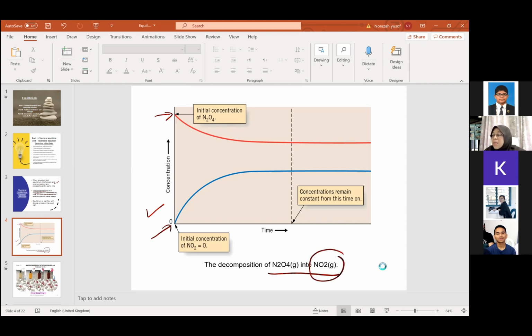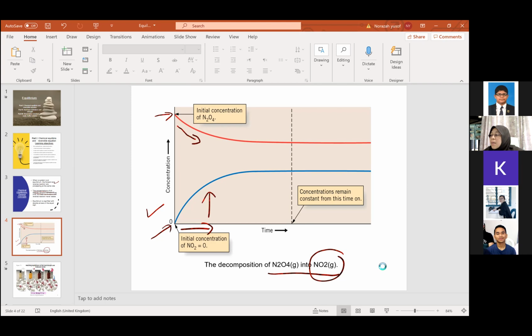As time proceeds, the concentration of N2O4, the reactant, goes down, and the concentration of the product, NO2, goes up.